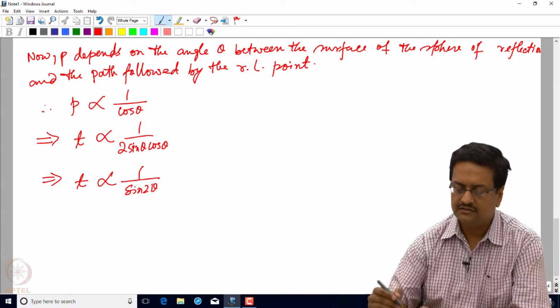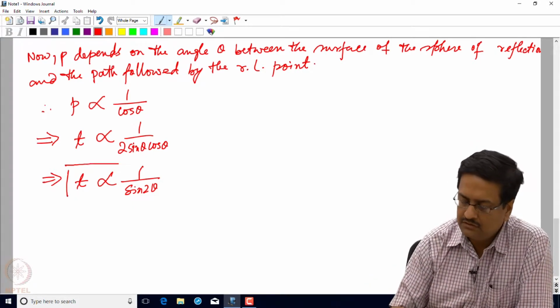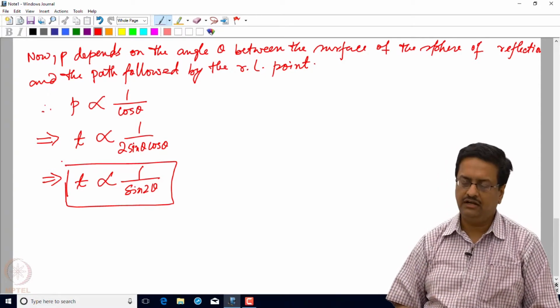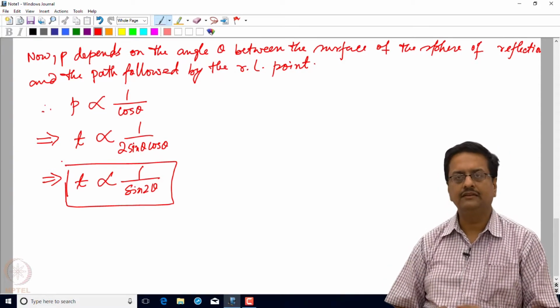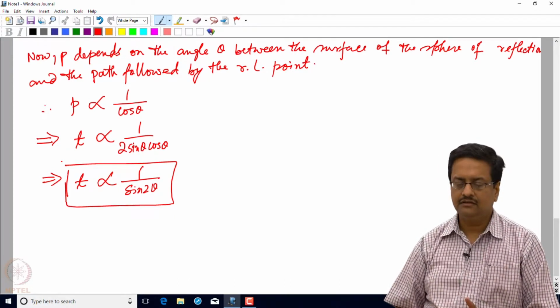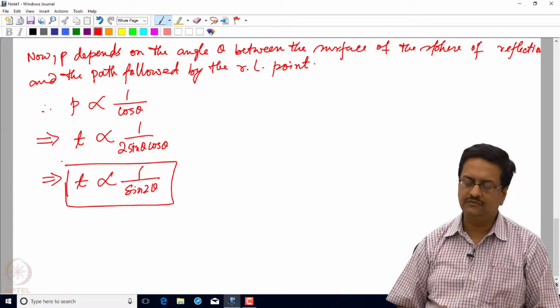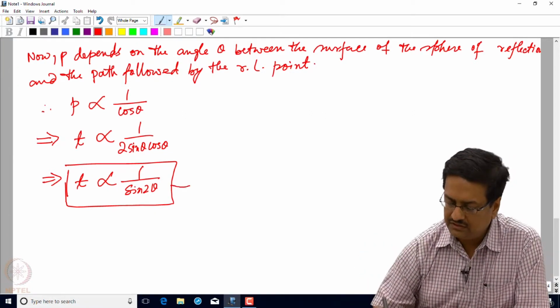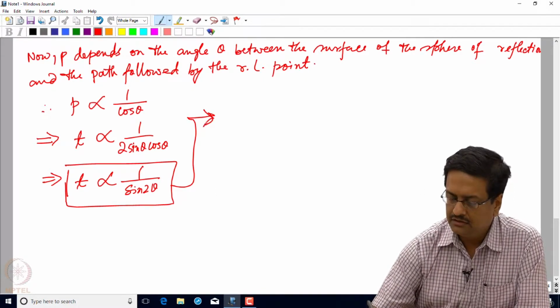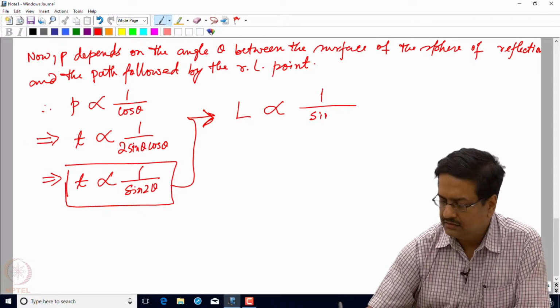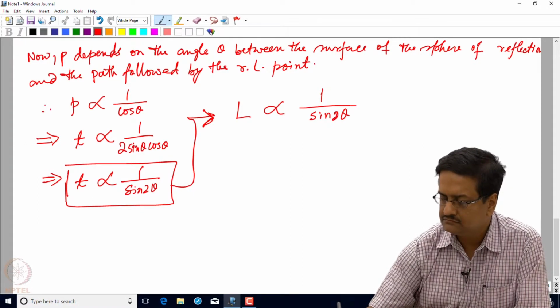So it means this t is the time taken for a reciprocal lattice point to pass through a given Lorentz sphere, and the Lorentz term is what is represented by this time t. So eventually this t can be replaced by L, and we can write L is proportional to 1 by sin 2 theta.